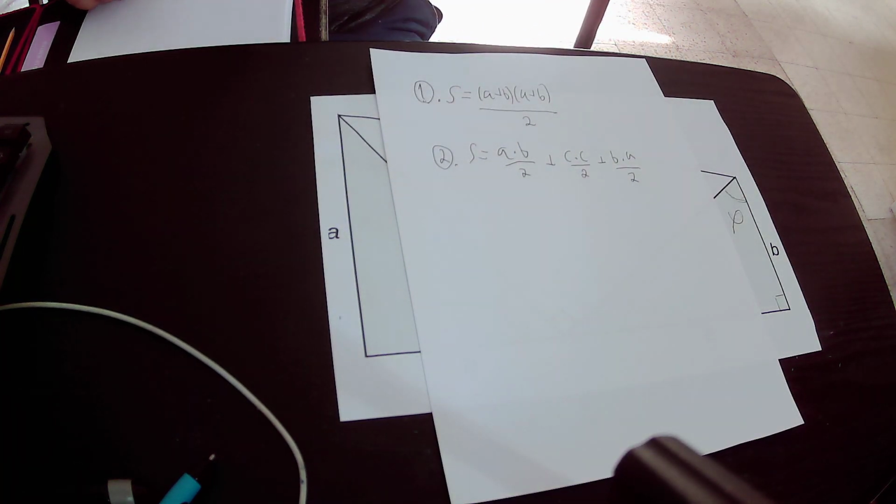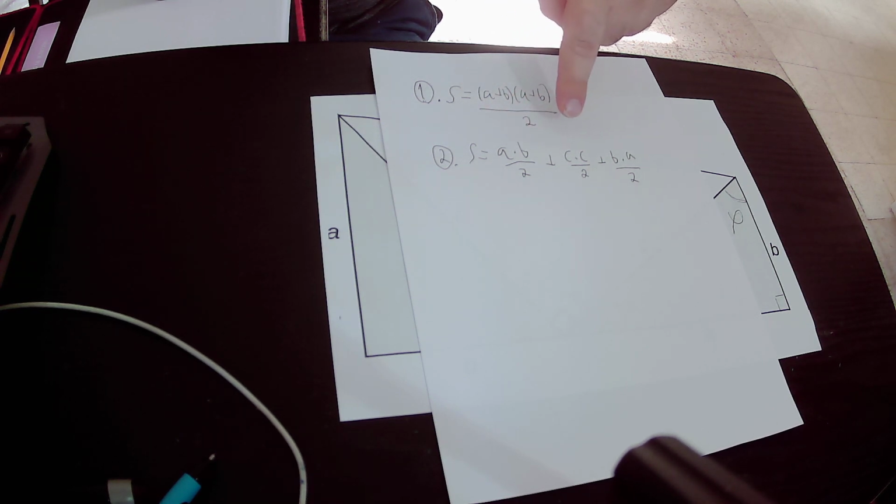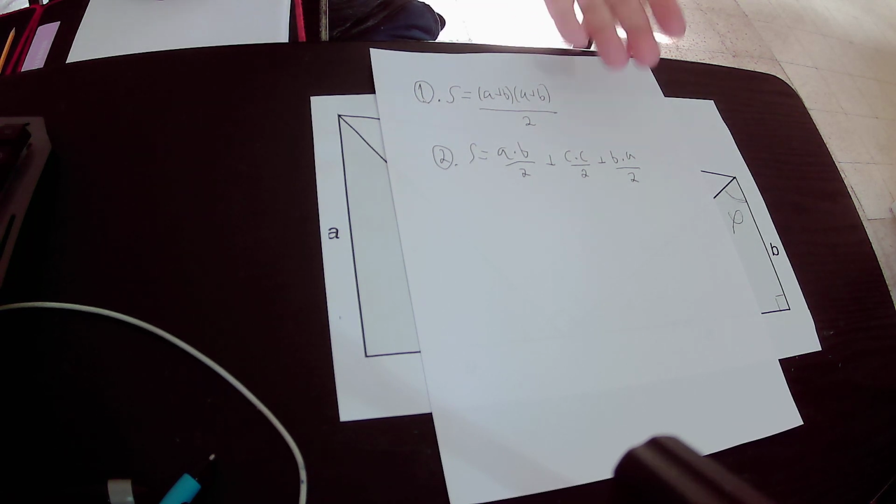So the second way to calculate the area of the trapeze is to calculate the area of the three triangles that the trapeze contains, and the sum of their areas will be the area of the trapeze. So the area of the trapeze is the area of the right triangle, A times B divided by 2, plus the area of the middle triangle, C squared divided by 2, plus the area of the left triangle, B times A divided by 2. Okay, so this is the second way to calculate the area of the trapeze.